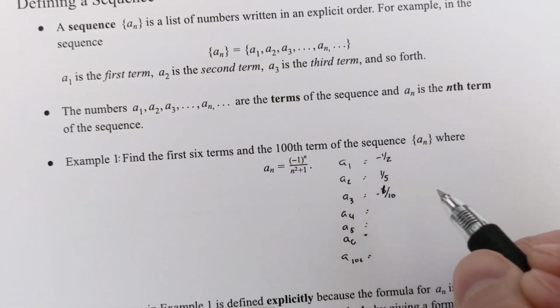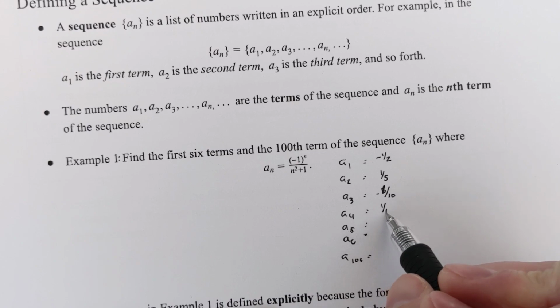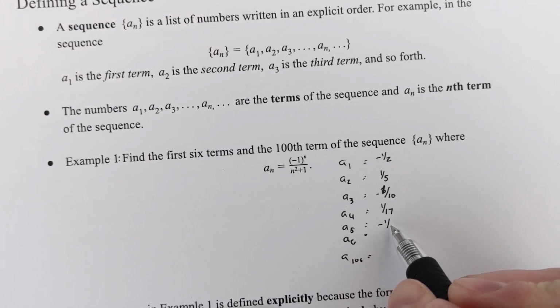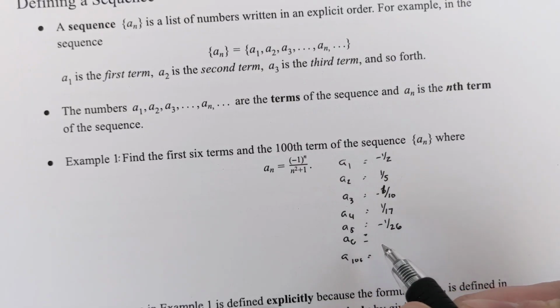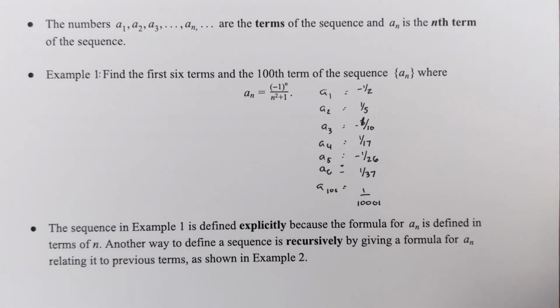I don't know where we got the 3 from. Plug 4 in, we get 1/17. Plug 5 in, we get -1/26. Plug 6 in, we get 1/37. And if we plug 100 in, we get 1 over 10,001, about 0.0001. So there's your list.